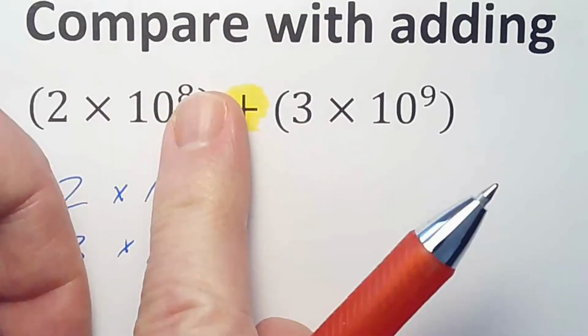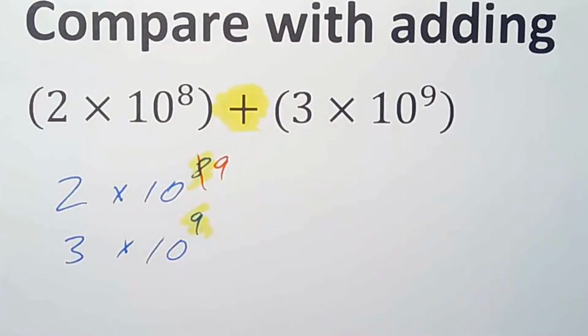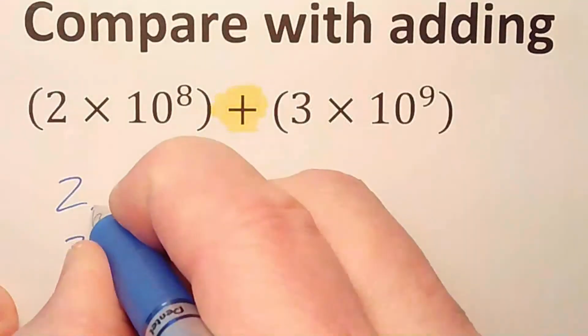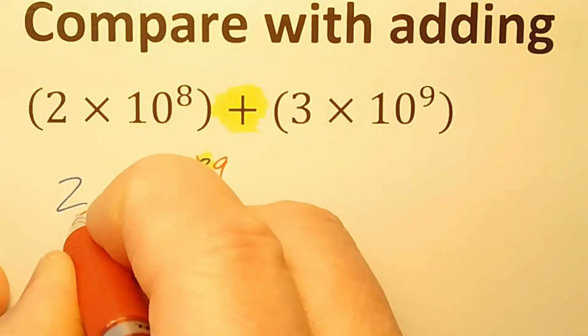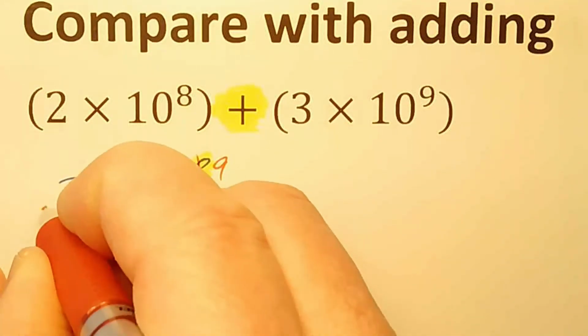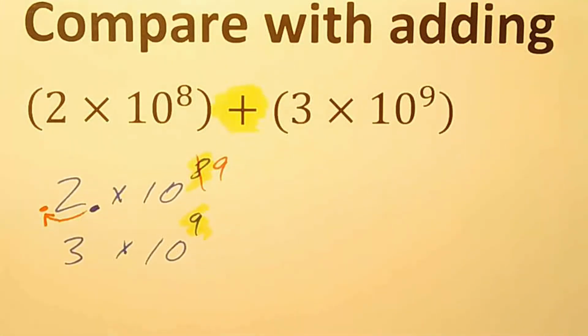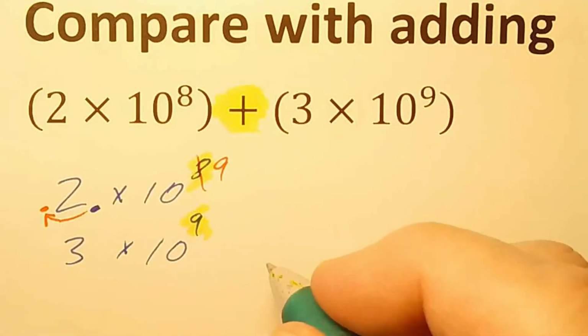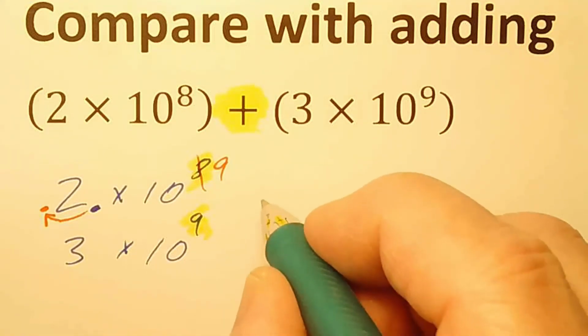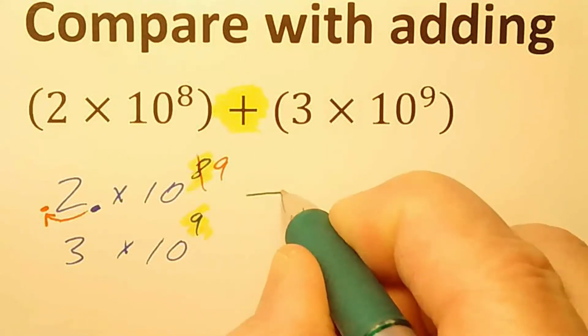You always have to counterbalance them. Recall that there's this invisible decimal point here, so I've got to move it over, just moving over 1. So it becomes 0.2. Now that's kind of messy. I don't like it like that. So let's clean it up a little bit. And here's how we're going to do that. We're going to bring it over to the side.